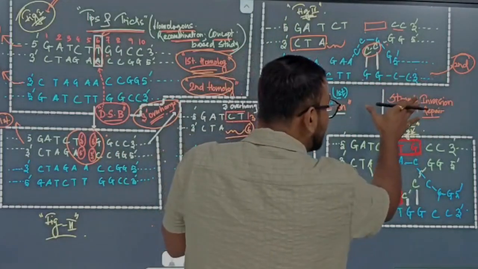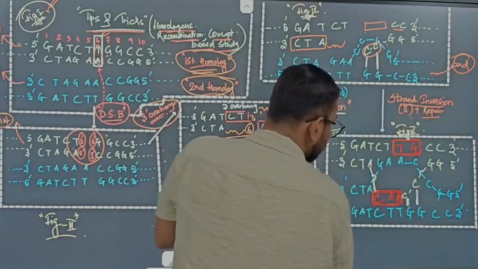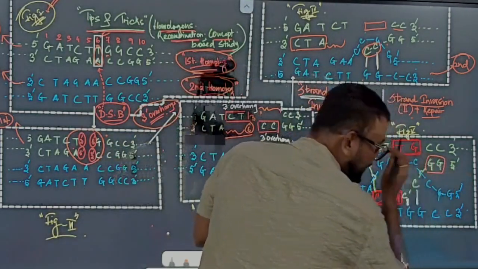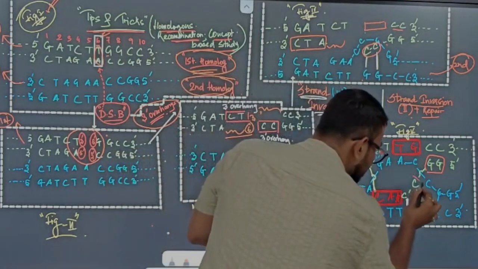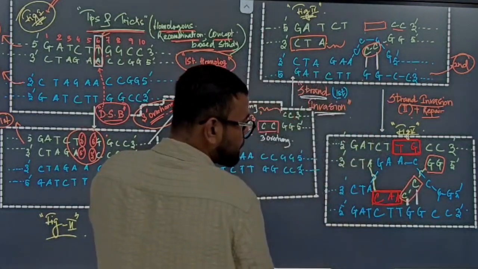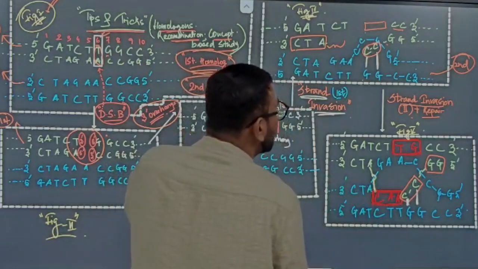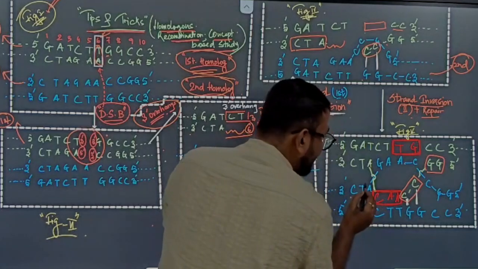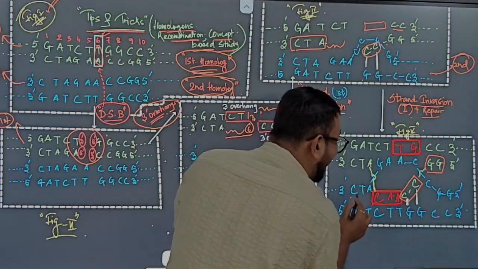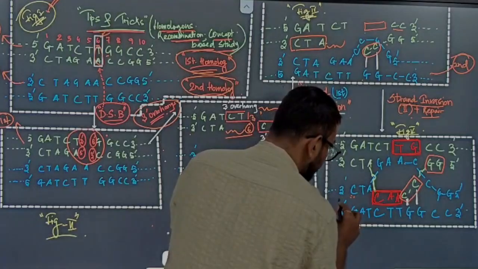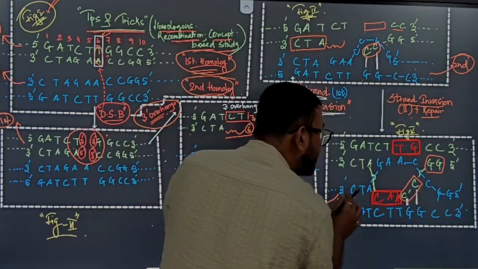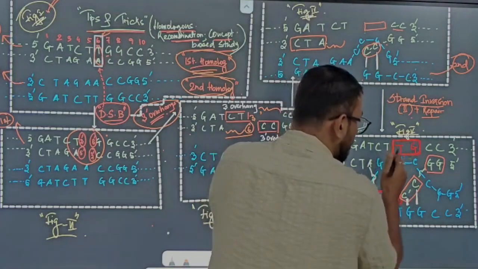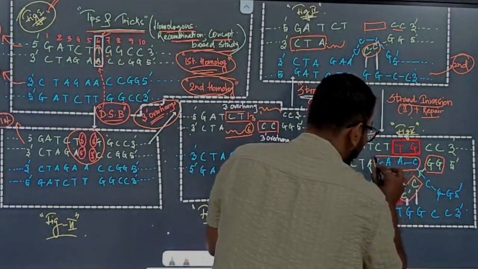Coming to our second strand invasion. Our first strand invasion has occurred where GG is there and CC has been introduced. Now, in our second strand invasion, the second homolog 3 prime to 5 prime strand has entered into the first homolog, showing complementarity at this region.